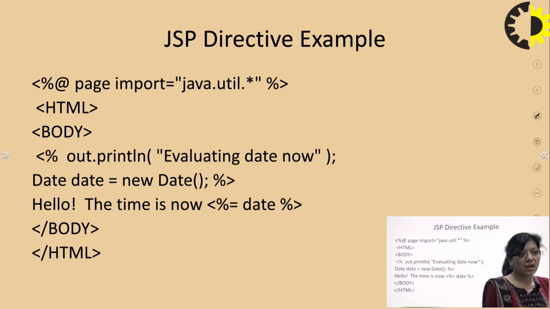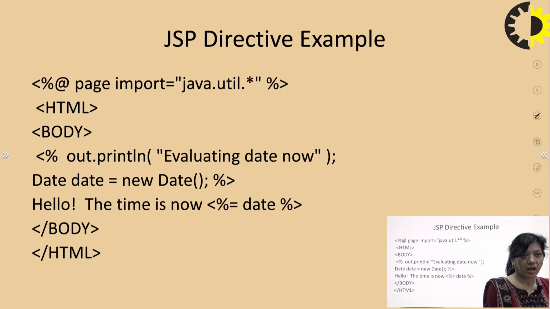So for this I have to make a new object of date. So here I have created the date object with the help of the new keyword, and date is new date.